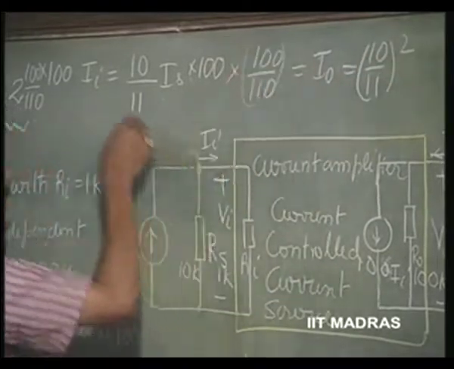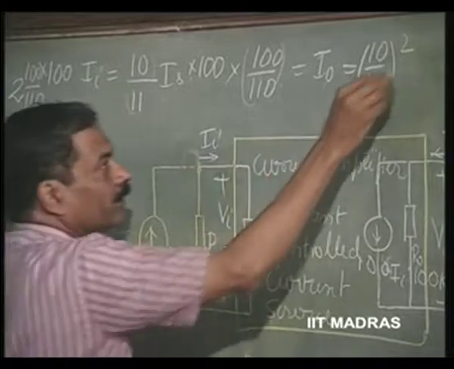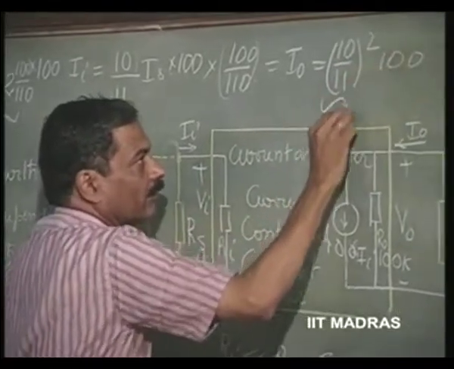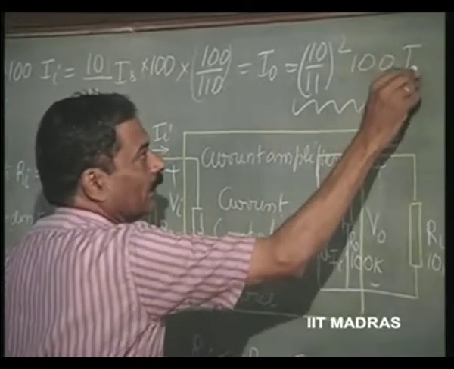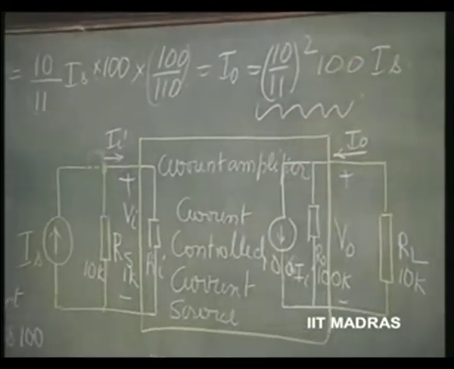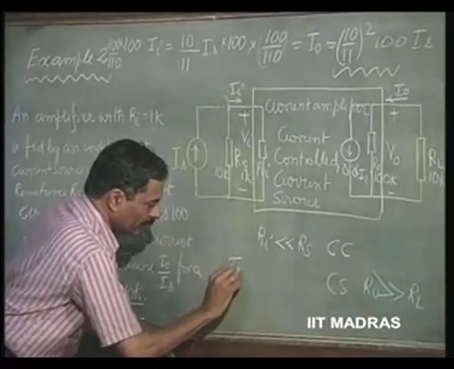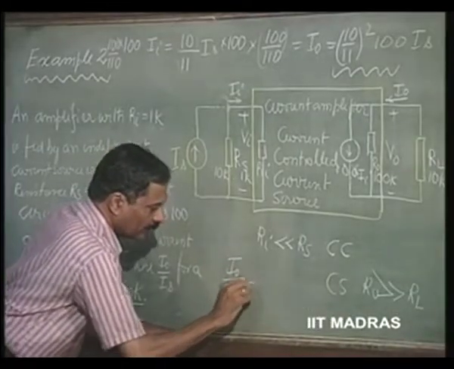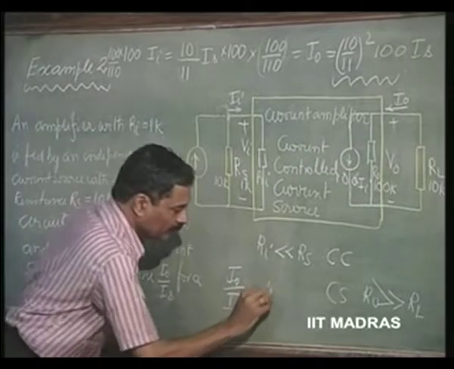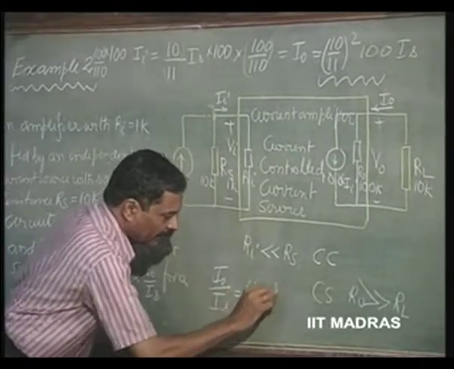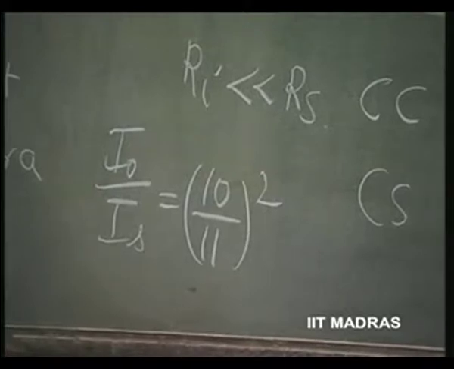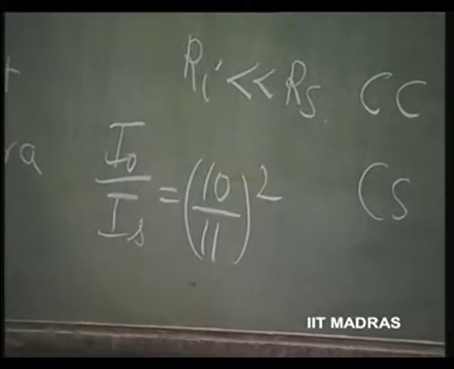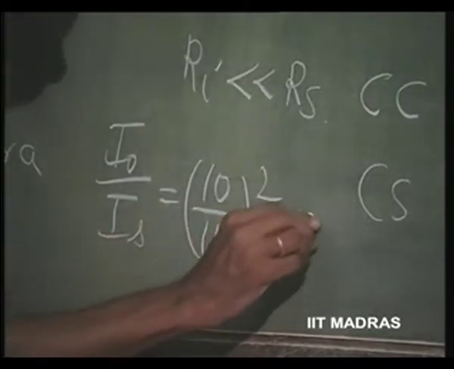This is one 10 by 11, this is another 10 by 11, into 100 times Is. So, we get the value of I naught over Is for this problem as about 100 reduced by factor 10 over 11 because of the input problem, and 10 over 11 because of the output problem. So, 10 over 11 squared into 100.